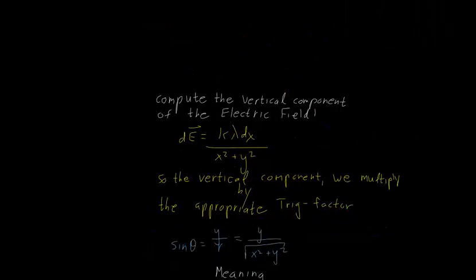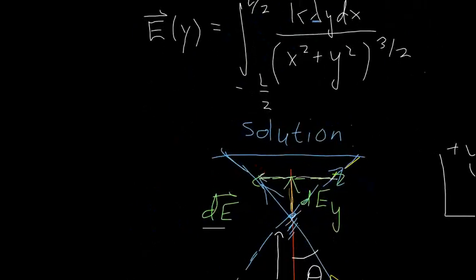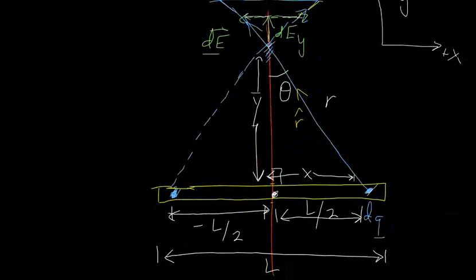Meaning that my dEy, remember from the diagram, right? By the way, notice I made a little mistake in my diagram. My theta should be over here. Let me see, yeah, just 1 second.